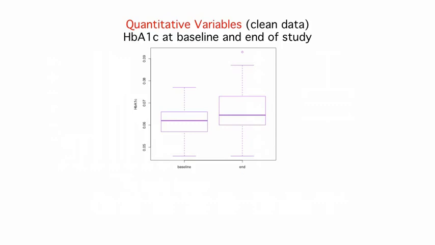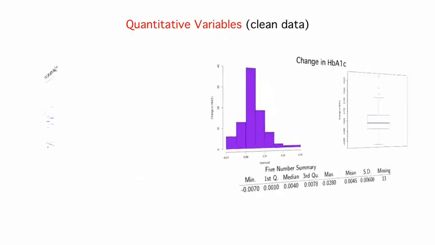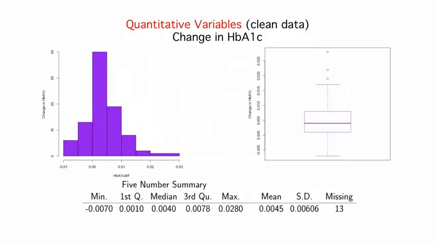For matched data like these, you may recall that we can look at the difference, in this case the change from baseline. Here are the differences in HbA1c, calculated as the value at the end of the study minus the baseline value. The lowest values are negative, but since the first quartile is positive, we know that more than 3/4 of the subjects had higher HbA1c at the end than at the beginning of the study, with a few very large positive changes.